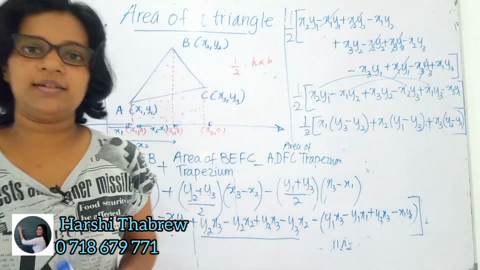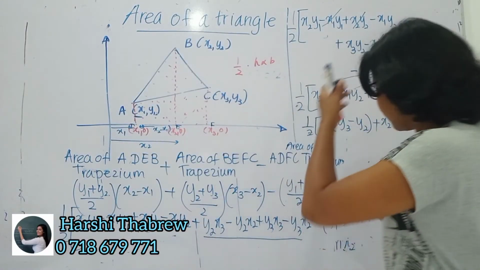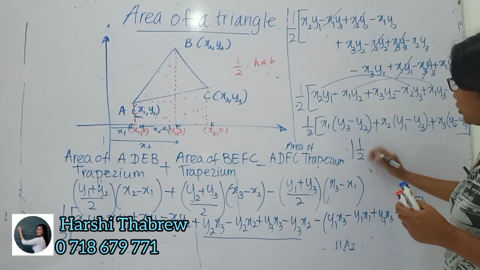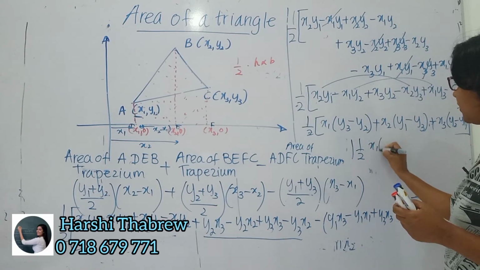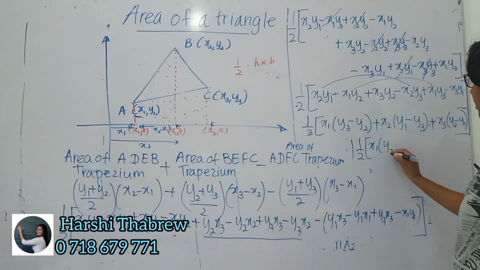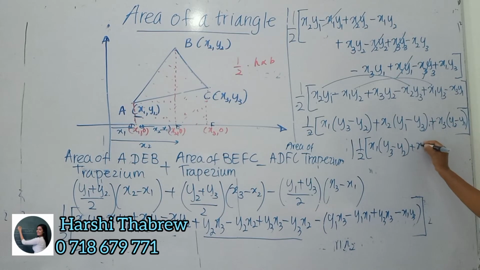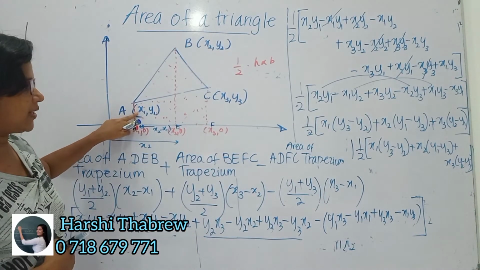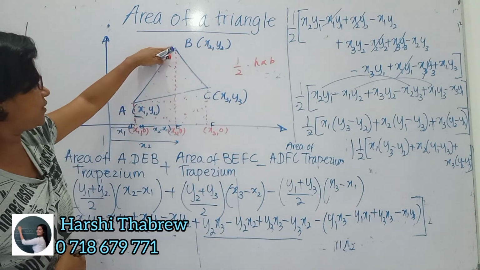Take the modulus of that. Then modulus of half times half into x1 y3 minus y2 plus x2 y1 minus y3 plus x3 y2 minus y1. x1 times y3 minus y2.